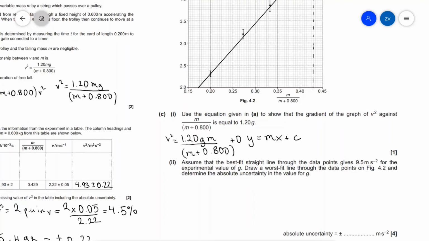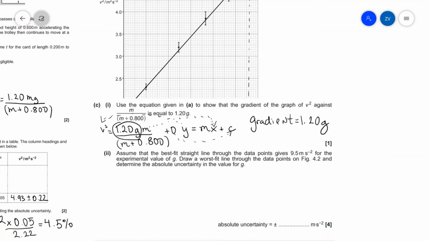So in the following equation, we can see that v squared is on the y-axis, m over m plus 0.800 is on the x-axis, our intercept is equal to 0, which leaves only one thing for our gradient, and that is 1.20g. So our gradient is equal to 1.20 g.